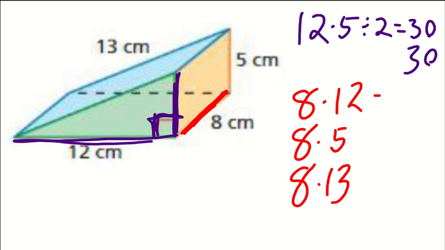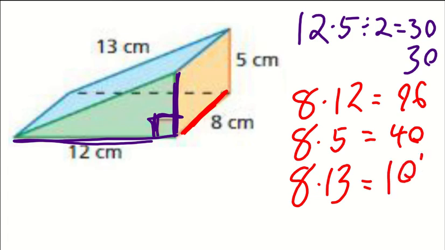Okay? So 8 times 12 is 96. 8 times 5 is 40. 8 times 13 is 104. Then we add them up. So 96 and 104 is 200, plus 40, plus 60.